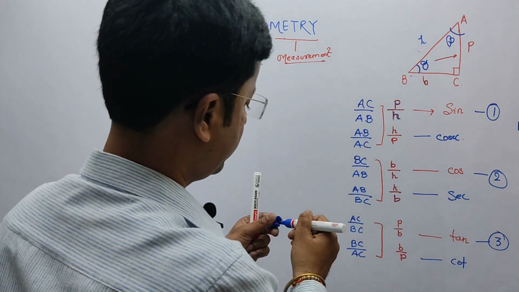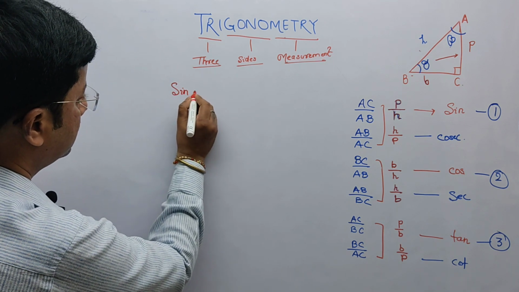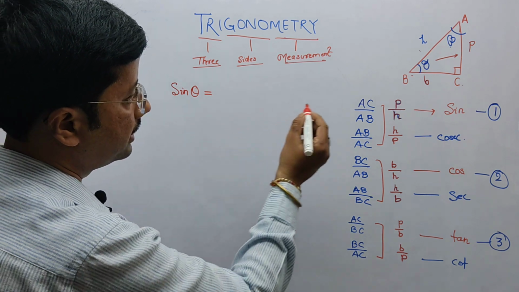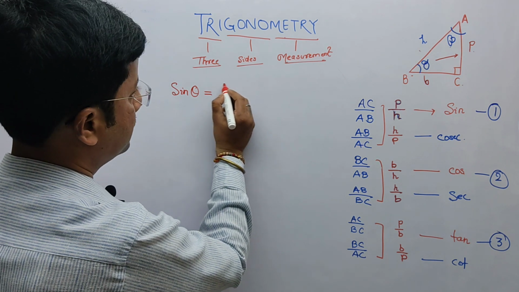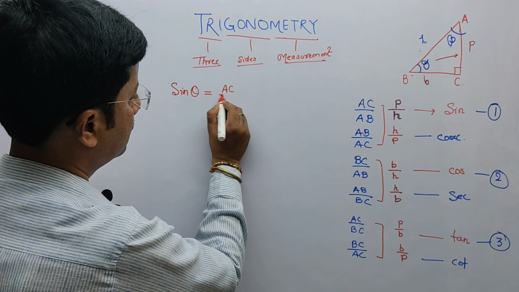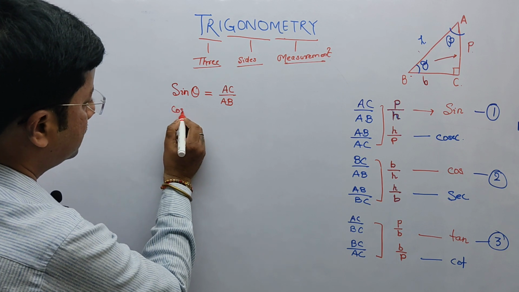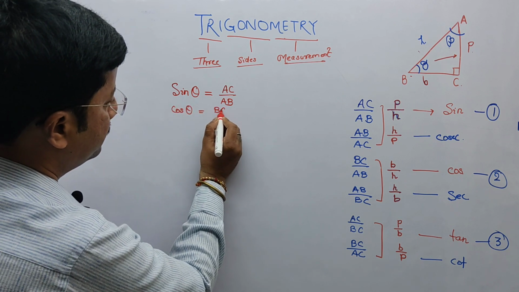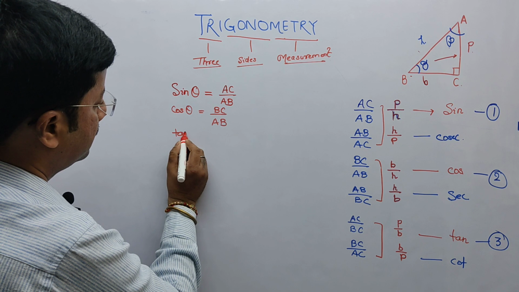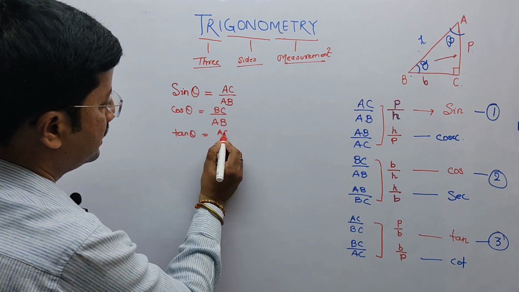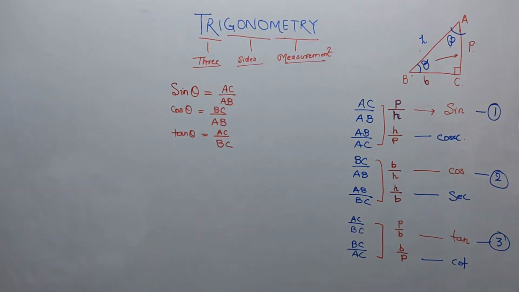So if I write the trigonometrical ratios, see, for sine theta this is perpendicular, so we can write sine theta is AC upon AB, then cos theta is BC upon AB, and tan theta is AC upon BC, perpendicular by base, AC upon BC.